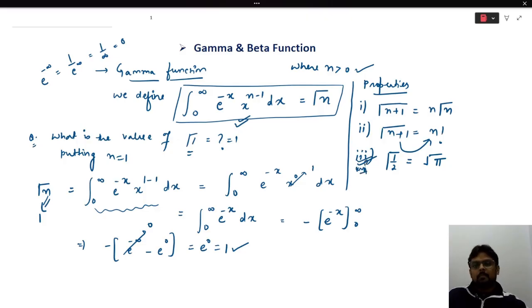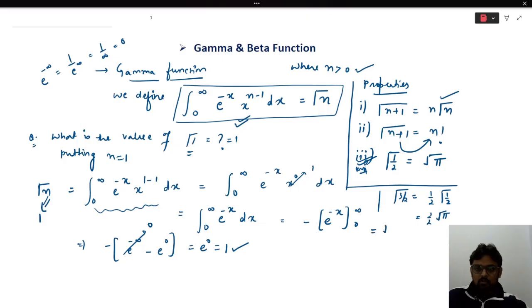So if we ask the value of gamma 3 by 2, we can write 1 by 2 gamma 1 by 2 by this property, n gamma n. The value of gamma 1 by 2 is root pi, so this is 1 by 2 root pi, so the value is root pi by 2.